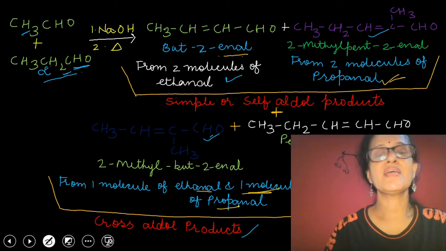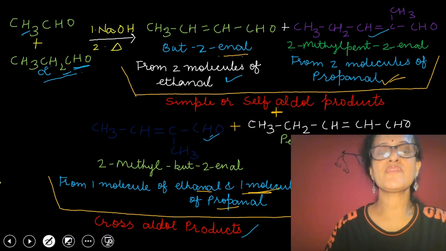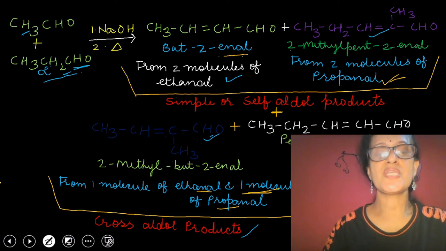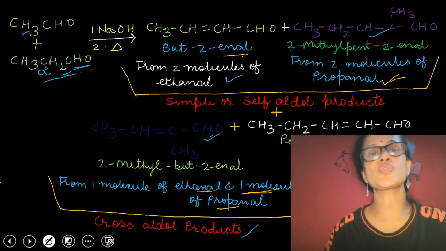Then these two molecules are formed by the reaction between one molecule of ethanol and one molecule of propanol. So you can see here one of the products, when we have written ethanol first, is 2-methyl-but-2-enol, and the other product, when we have written propanol first, is pent-2-enol. So these two products are called cross-aldol products because they are formed by the reaction between two different aldehydes.